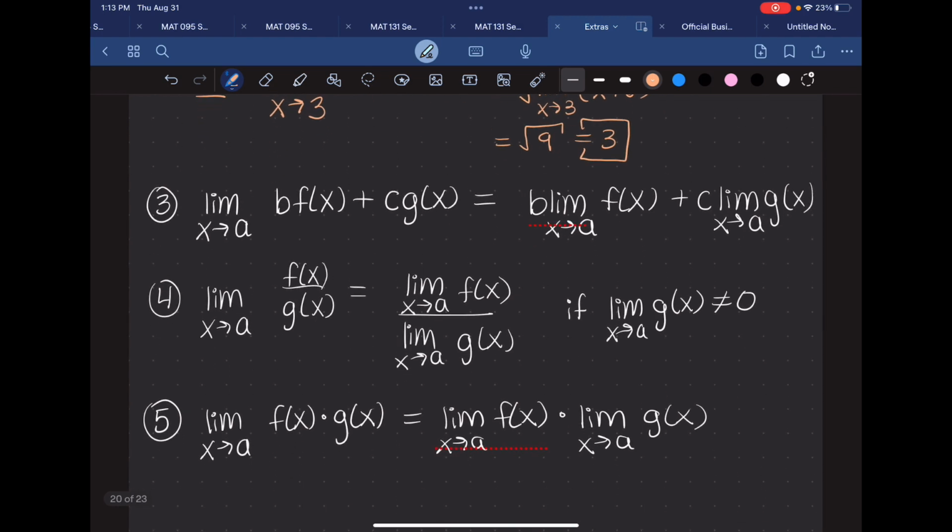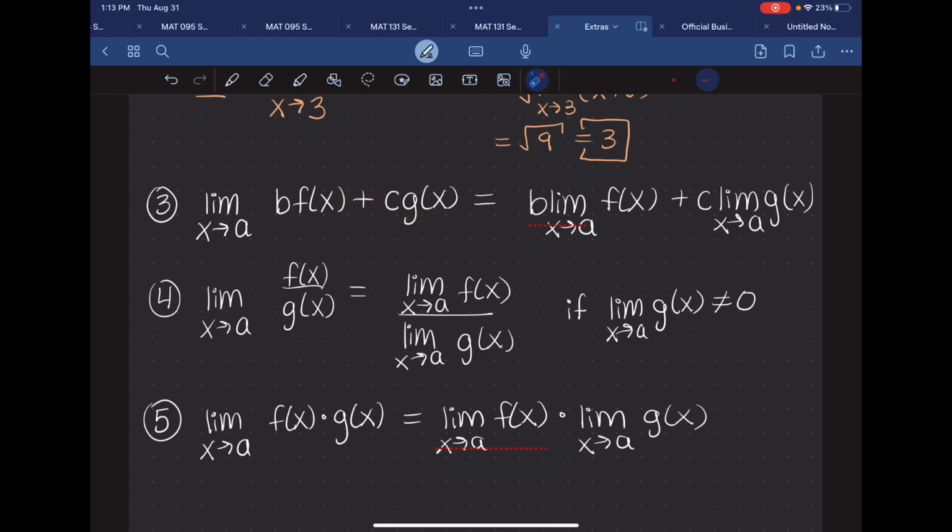Then this next one: if I have a linear combination of two functions, what I mean by that is I have some scalar multiple, some real number, times each of these functions, and I'm adding them together.